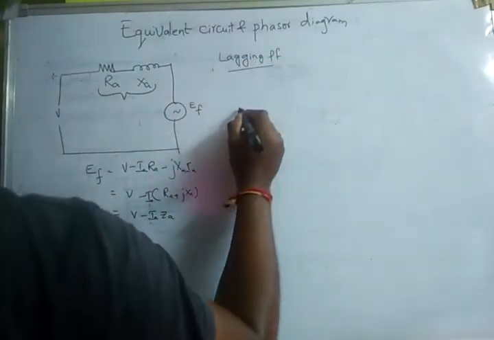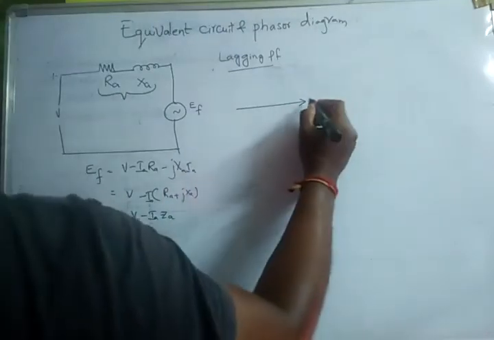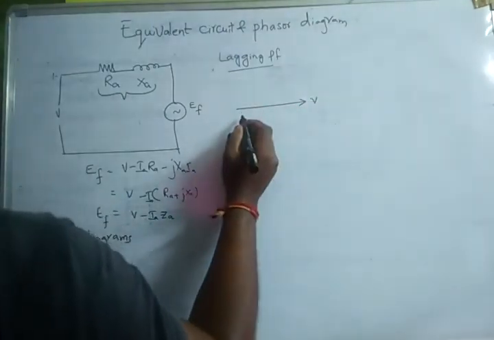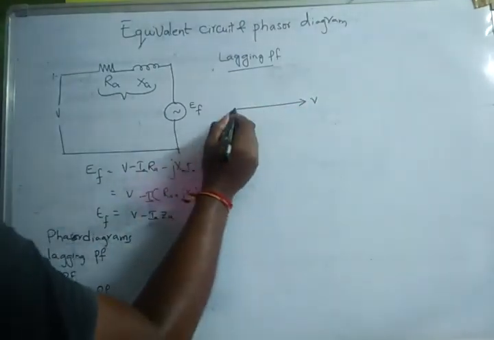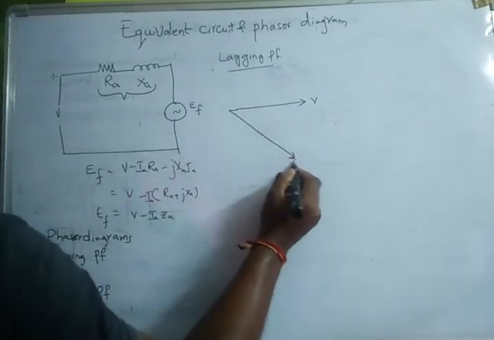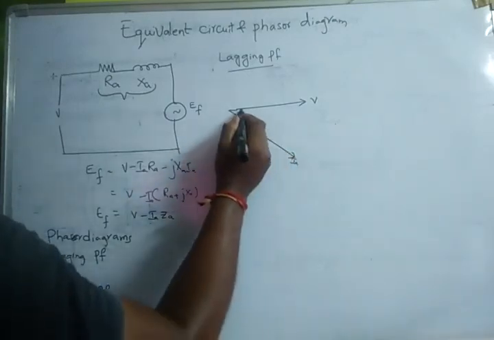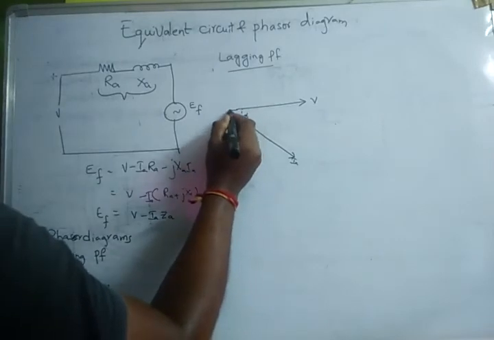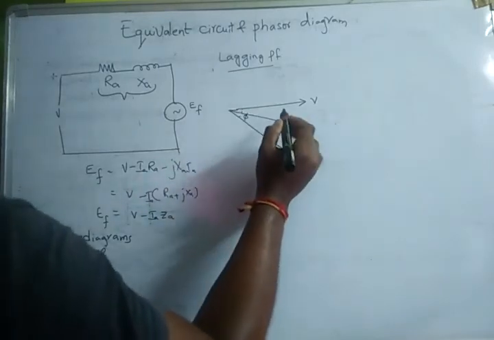Taking the voltage as the reference, voltage on the x-axis, and IA lags voltage. This is IA. IA lags voltage by an angle phi, and this is Ef.